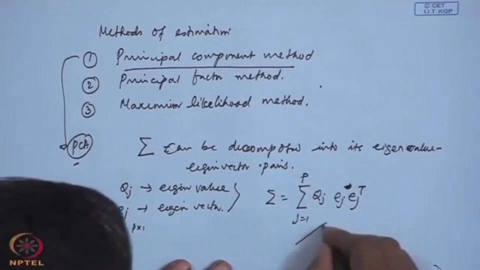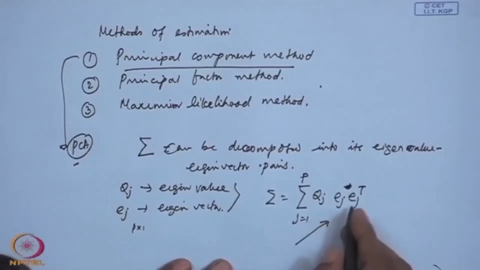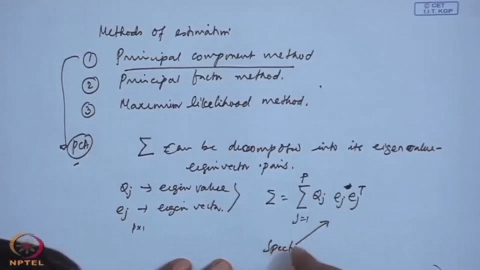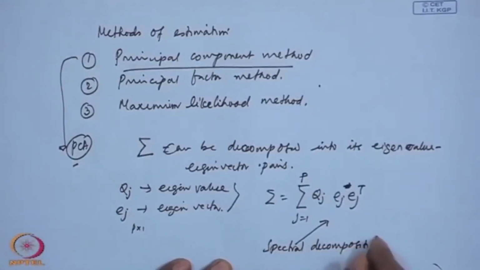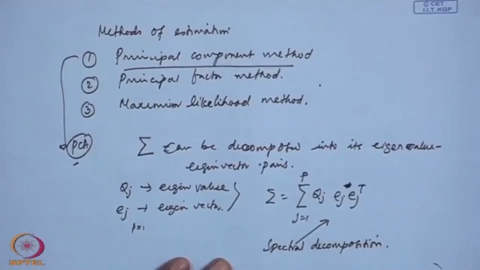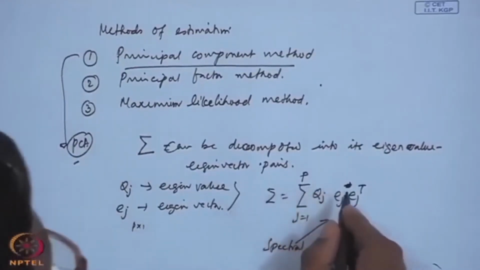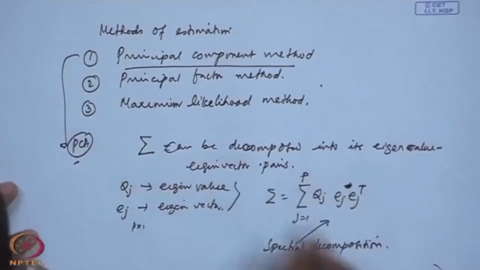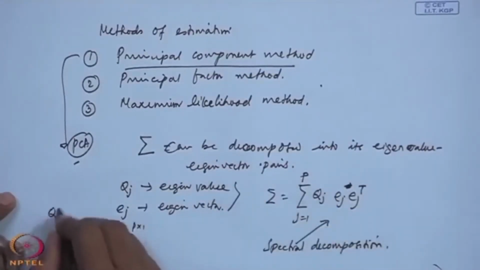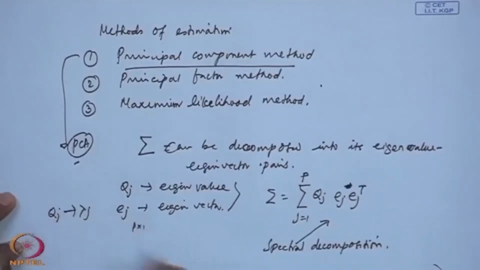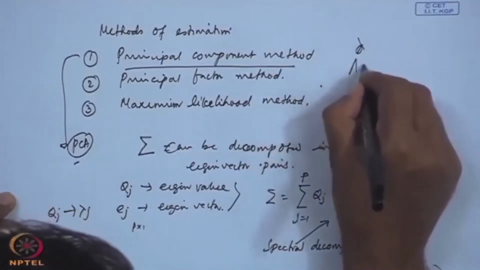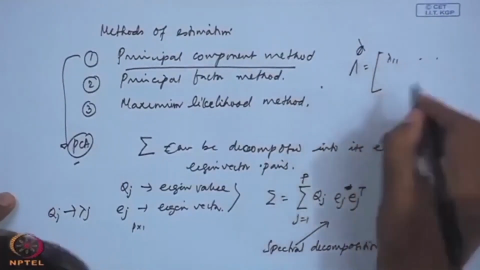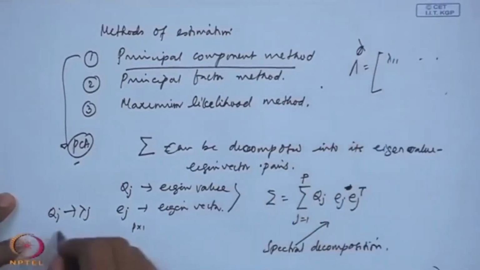This is known as spectral decomposition. Okay. In PCA, when we described this, instead of Qj I wrote lambda j, but in this case we are using capital lambda for the factor loadings. So I am using Qj for the eigenvalue.